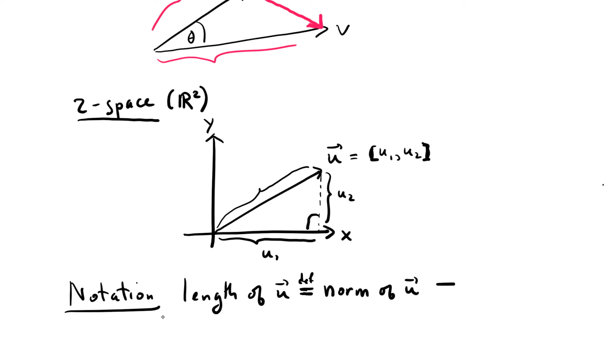So the symbol we're going to use for this is this. It's kind of like an absolute value symbol around u, but the bars are doubled. And why is this? It's because there's an analogy between the absolute value and the norm.